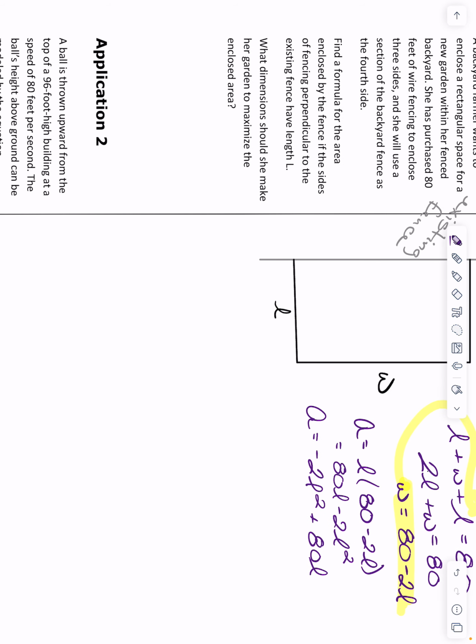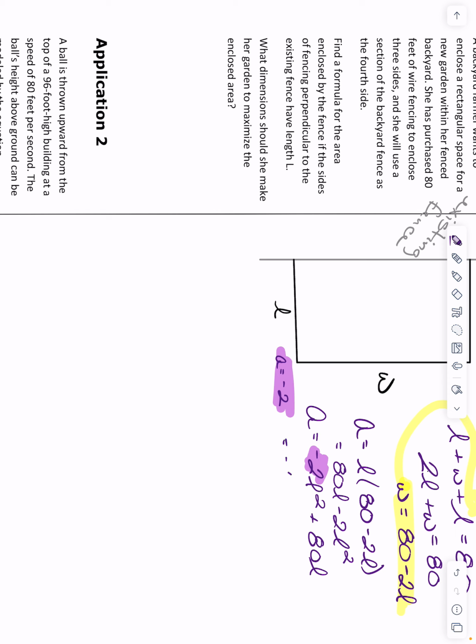I have a negative leading coefficient, which means that my parabola should open down. That's a good thing if I want a maximum quantity, maximum area. So that makes sense.